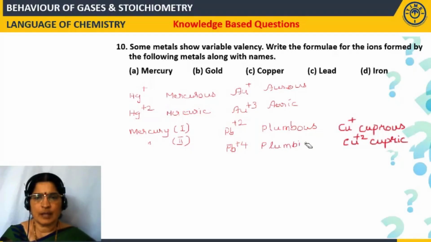So Pb plus 4 is plumbic. Now iron. It forms Fe plus 2 and then Fe plus 3. Obviously Fe plus 2 is ferrous, Fe plus 3 is ferric.